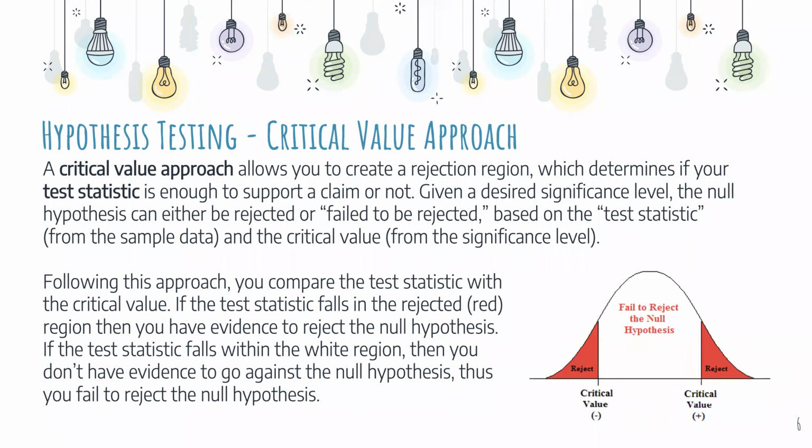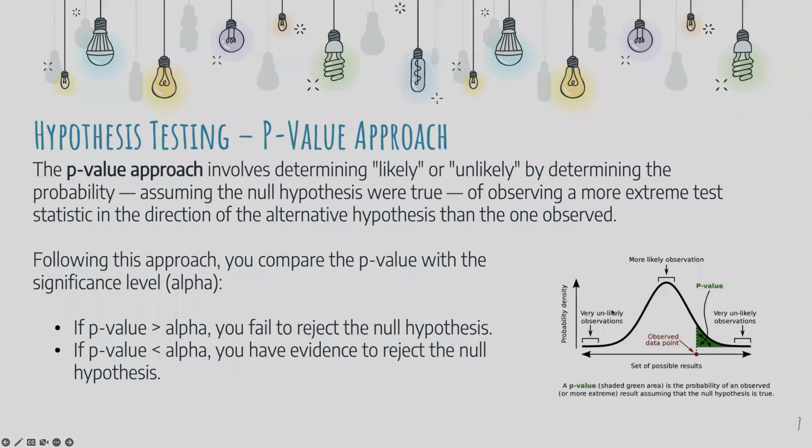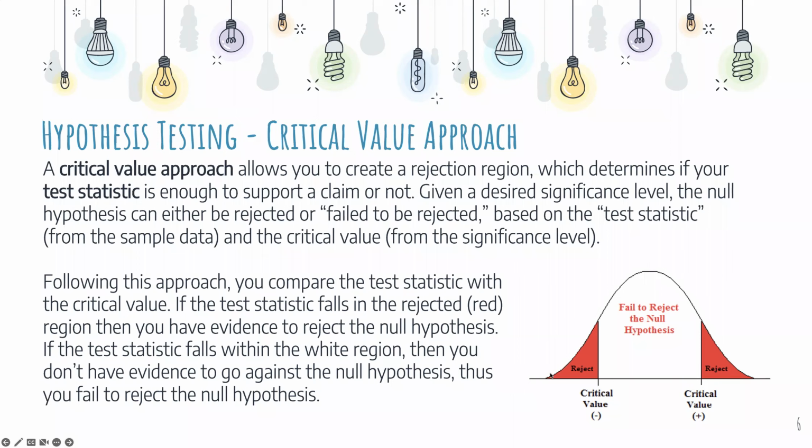All right, so moving from claims, we can do hypothesis testing in 2 different ways. We can do a critical value approach, or we can do a p-value approach. They're similar in a way, but we look at it differently. But this figure here should be something that you are familiar with. We have our normal bell curve, and we have the rejection region in the tails, and that rejection region is created by critical values.